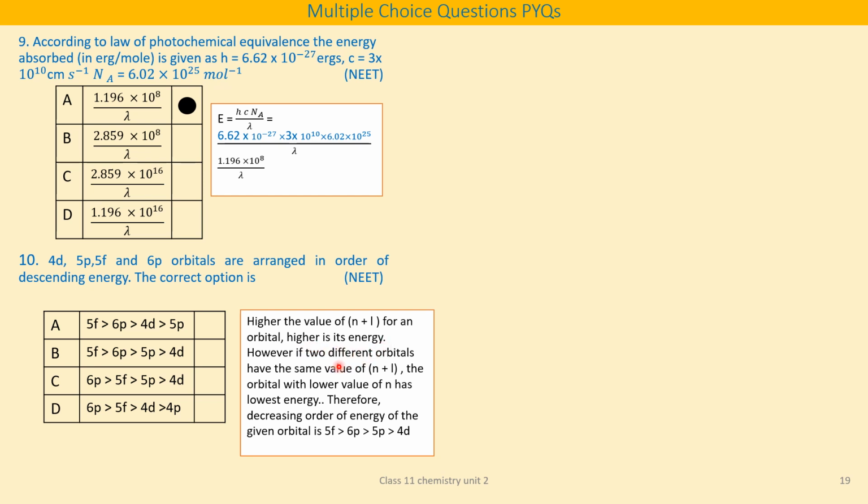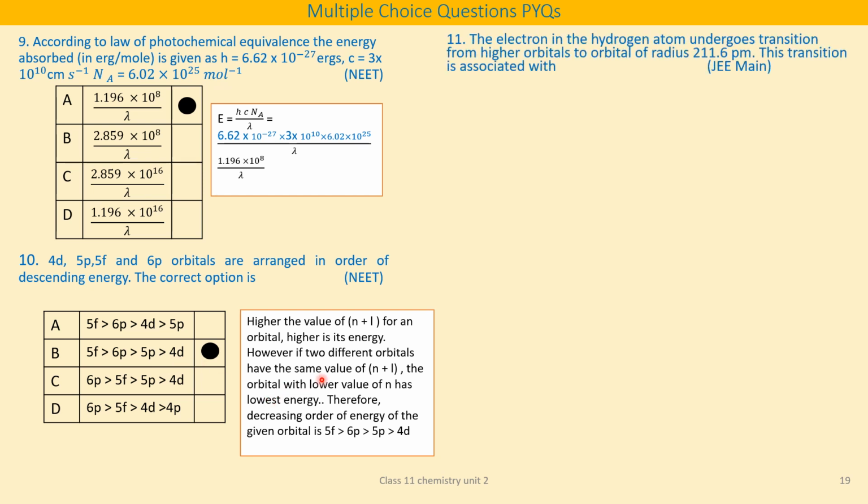However, if two different orbitals have the same n plus l, the orbital with lower value of n has the lowest energy. Therefore, the decreasing order of energy of the given orbitals is 5f, 6p, 5p and 4d. So you mark it. Option B is correct because it has got 5f and the lowest is 4d.